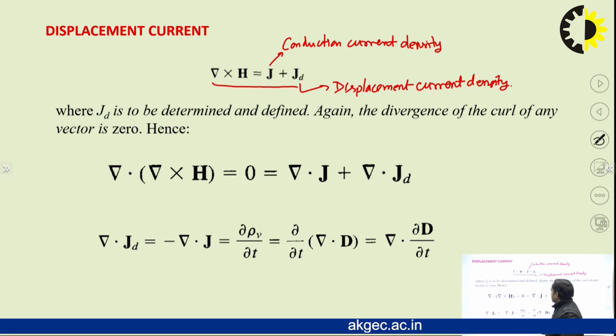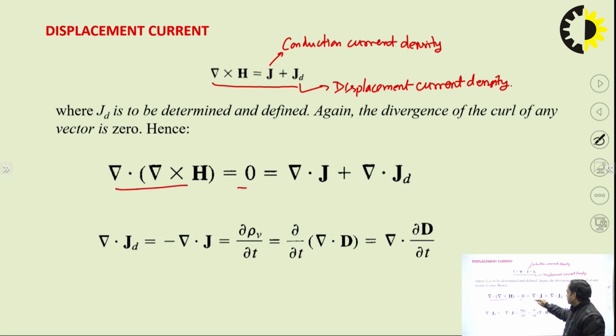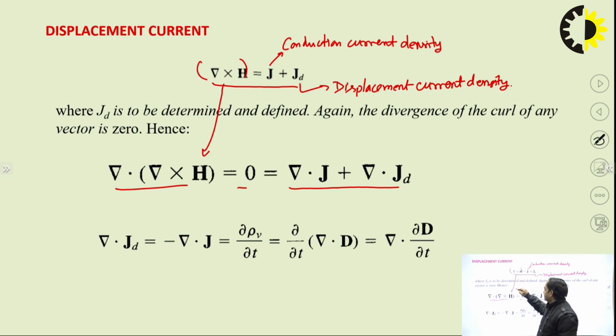Now again we take the divergence of this equation, which is equal to 0, so it becomes del dot J plus del dot JD. Using the distributive property, del dot J plus del dot JD is equal to 0.